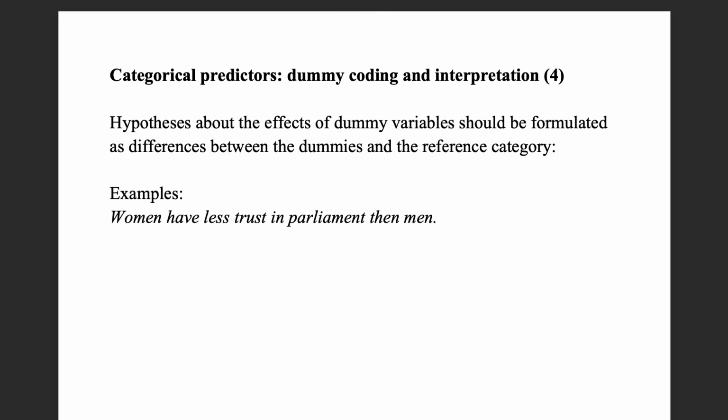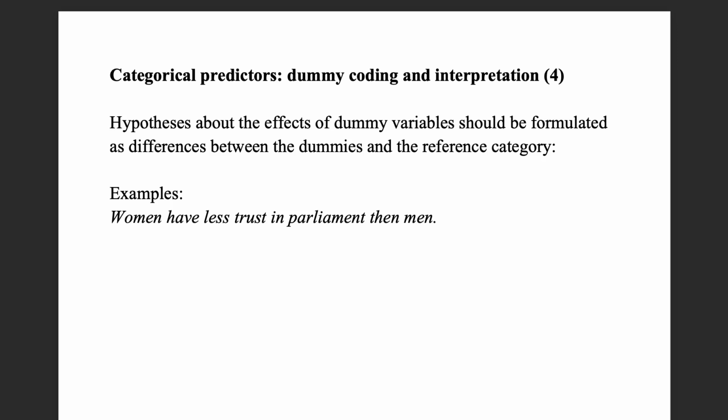So for instance, we picked male as the reference category for the gender variable, and let's assume that we want to test the effect of gender on trust in parliament. Because we have a hypothesis about that, for instance, maybe our theory predicts, with some argumentation, that women don't feel as well represented as men, and therefore are less trusting of parliament. Then if you want to test that theory, we would want to estimate the effect of gender on trust in parliament.